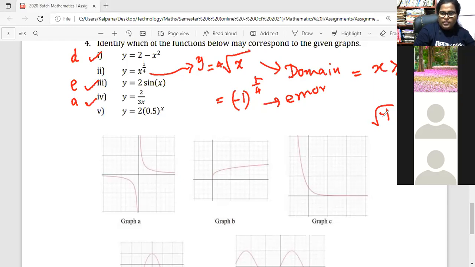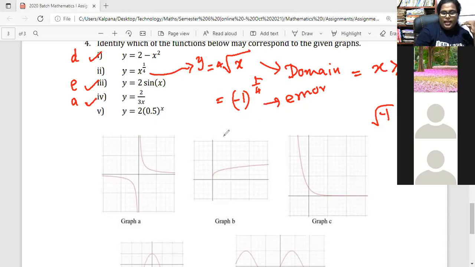So when you consider this square root of -1, in your mathematics stream course you are learning these things. Square root of -1 equals i. This i means the complex numbers. Right? So here, when you are substituting negative values for x, it is not defined in the real number line.